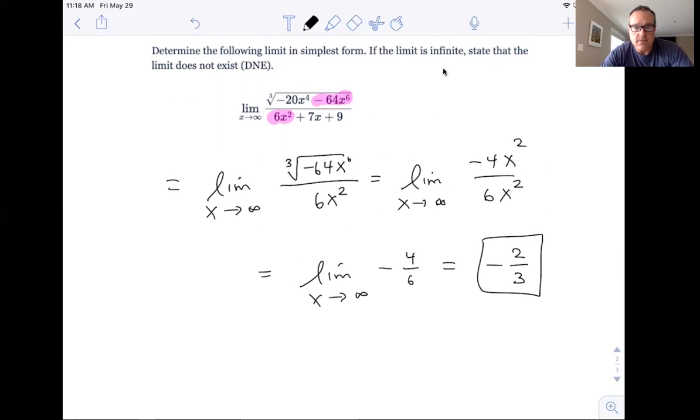Analytically means we just tried to use some math, some algebra. You could do these graphically as well, right? Nothing's stopping you from graphing the function and looking to the far right side, like plugging in values like 1,000, 10,000, 100,000, and see what the y values get close to. That's always an option. So don't forget that.